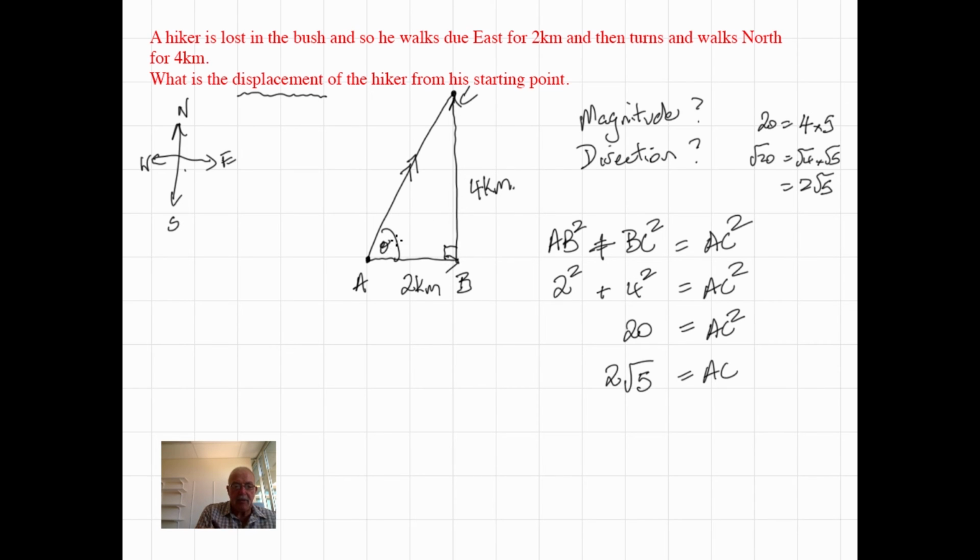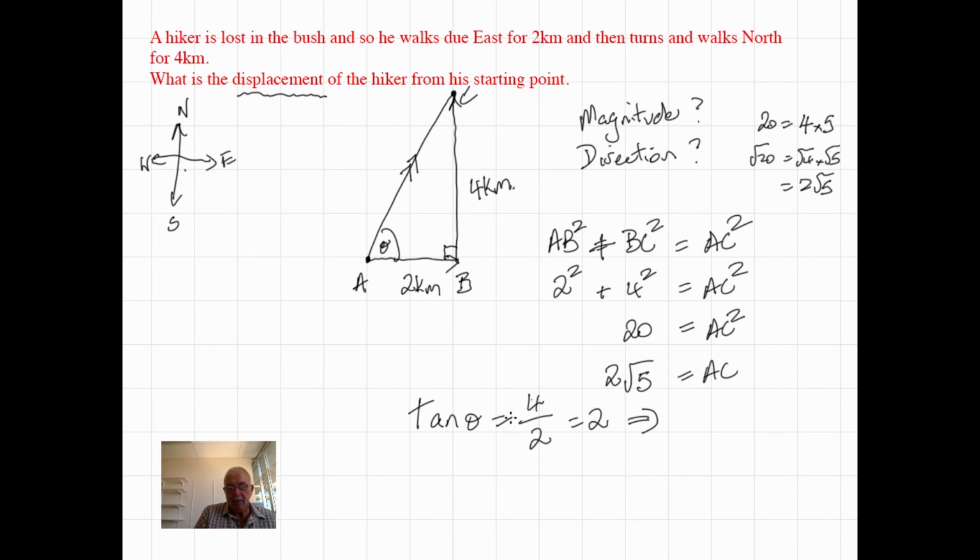Once again, we've got a right angle triangle, we've got opposite and adjacent. So that trig ratio is tan, so we know that the tan of theta is equal to opposite over adjacent. So that's equal to 2.